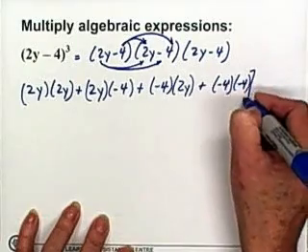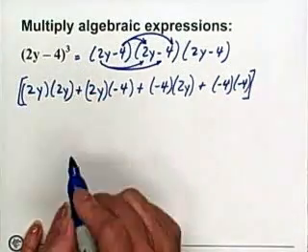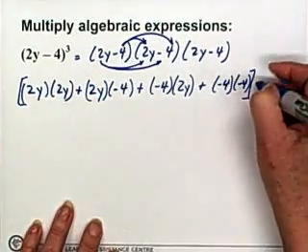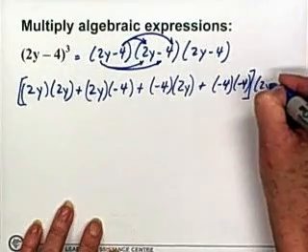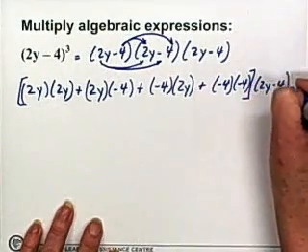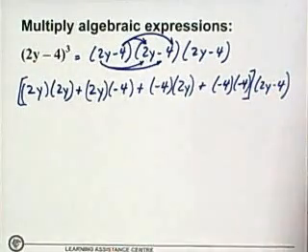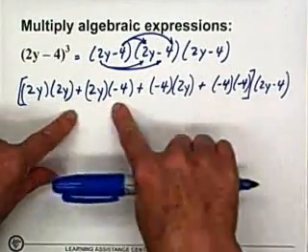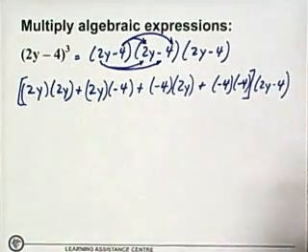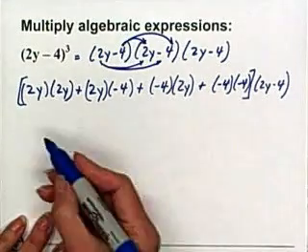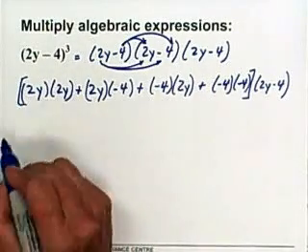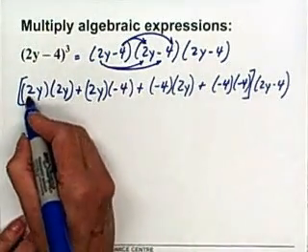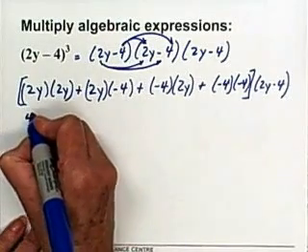Now this whole thing is in a bracket. That's really important to remember. And it is all multiplied by (2y minus 4). So now let's clean up some of the stuff that's in this bracket, because it's just huge. The first two brackets, we multiply them together. 2 times 2 is 4.